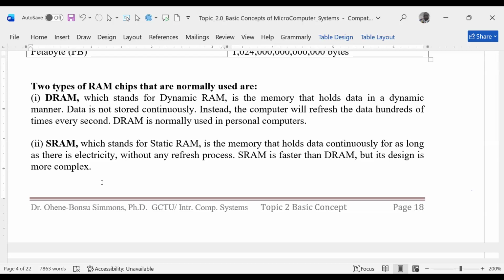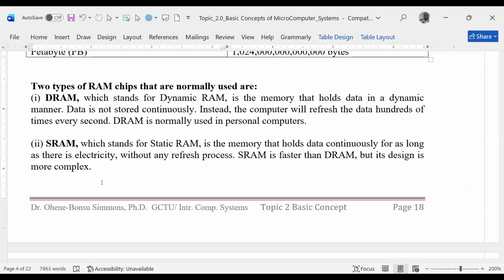If there's no dynamic, then when you press anything on the keyboard, you have to wait until that one is finished processing before a new input. But here, you can type a lot of things from the keyboard and perform a lot of jobs simultaneously. As you are doing that, the system refreshes itself, the memory refreshes itself 100 times every second.